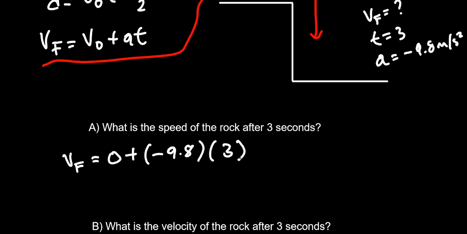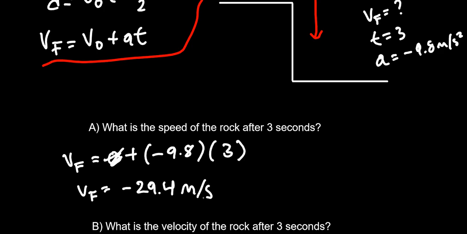So this 0 does not matter, we don't need to worry about that. Our final velocity is equal to negative 9.8 times 3, which is equal to negative 29.4 meters per second.